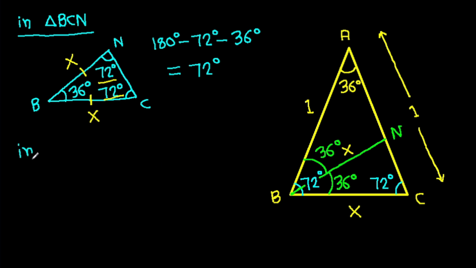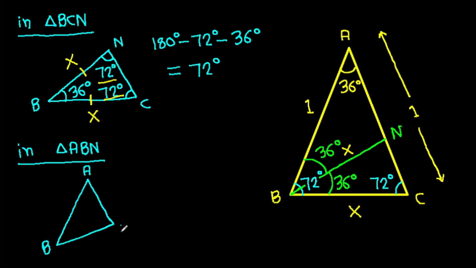And in triangle ABN, these two angles are equal, that is 36 degrees.